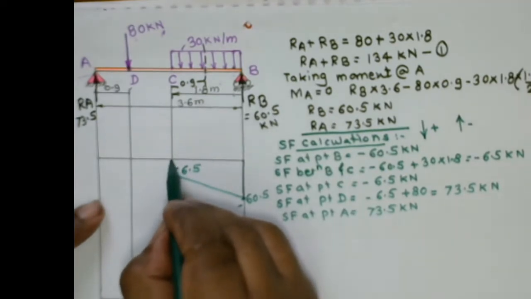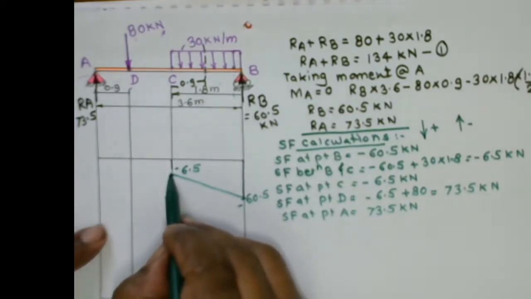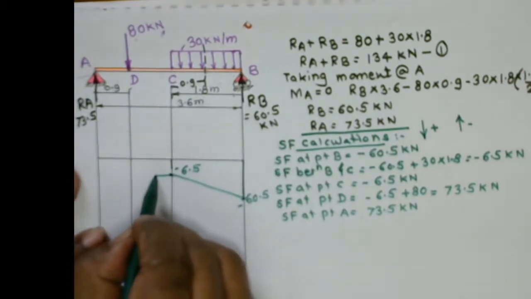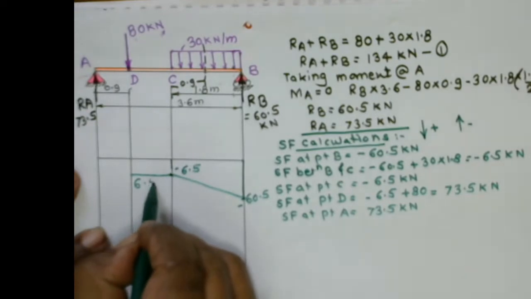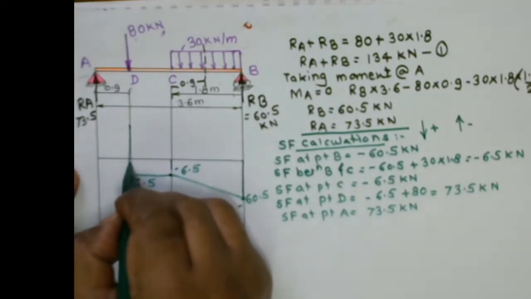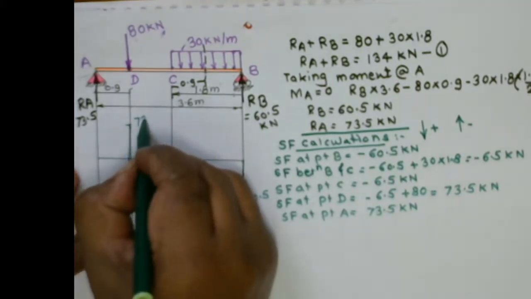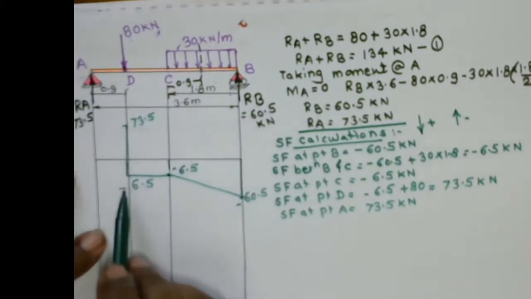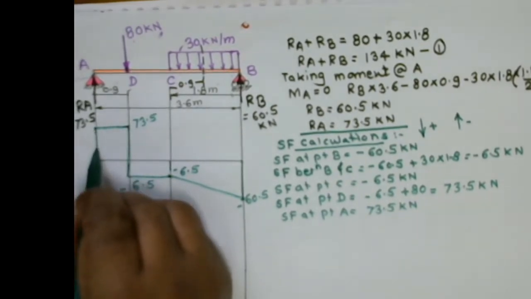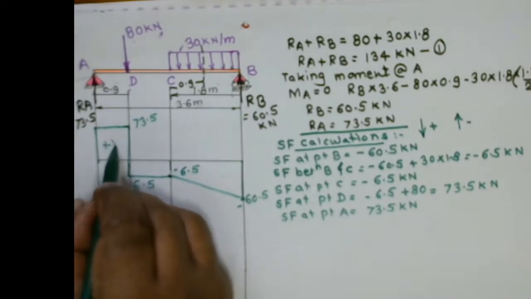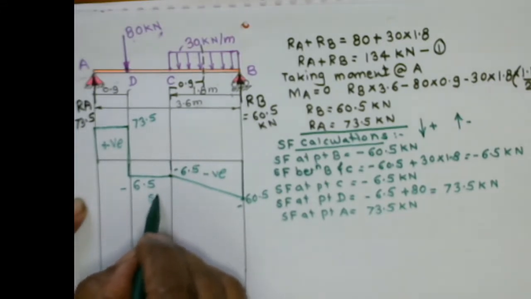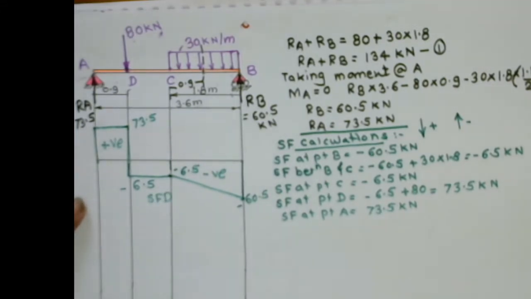At point C it is 6.5, and between points C and D there is no load, so it stays 6.5. At point D it is 73.5 positive because 80 kilonewton is added, and there is again no load up to point A, so this diagram will come. Is it complete? This positive and negative part completes our SFD, shear force diagram.